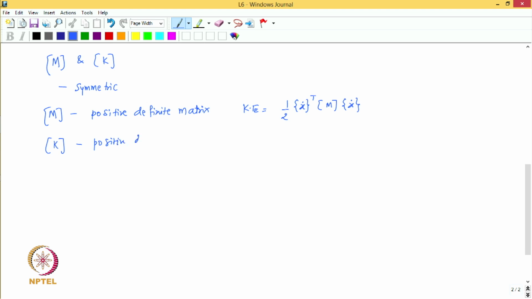If you look at the stiffness matrix, it can be positive definite or positive semi definite, okay. If you look at the quadratic form based on this stiffness matrix, which is the potential energy, half x transpose K x, the strain energy, then the potential energy can be 0 even if the vector x is non-zero.